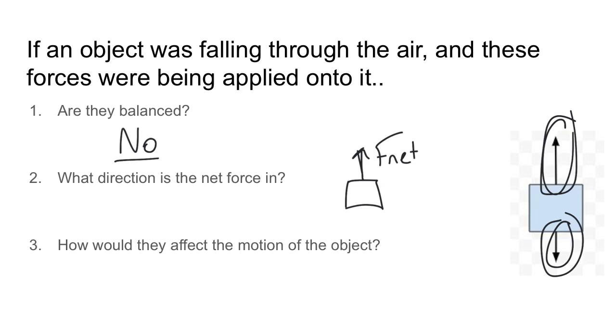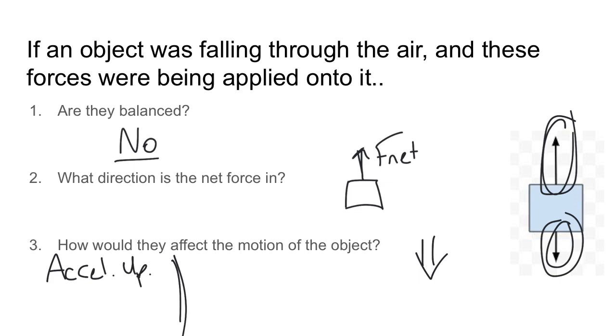So this object is already moving downwards, and since there's a force upwards, this object is going to accelerate up. Now remember, that means different things based off of what it's doing. If it was at rest and we had a net force moving upwards, it would start to move up with that acceleration. If it was already moving up and we had this net force acting upwards, it's going to speed up in the upward direction.